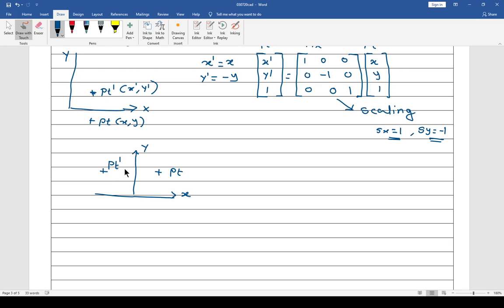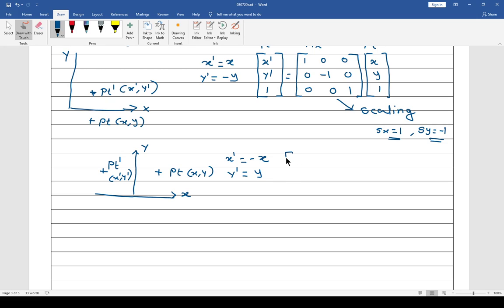So it is mirroring about y. The coordinate of this is x comma y, and the coordinate of this is x dash y dash. From this I could write x dash equal to minus x, y dash is equal to y.